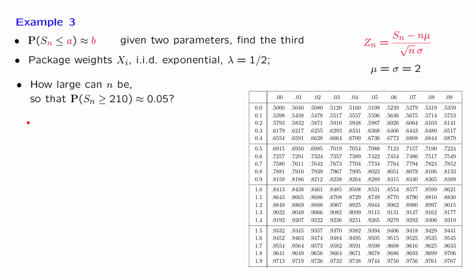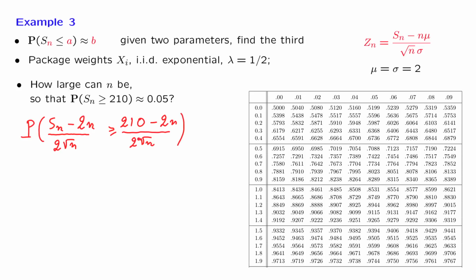So we proceed as usual by taking this event and rewriting it in a way that involves the standardized version of Sn. So we need to subtract n times mu, which in this problem is 2 times n. We subtract it from both sides of the inequality, and then we divide by the square root of n times sigma, which is 2. So we divide both sides of the inequality by this number.